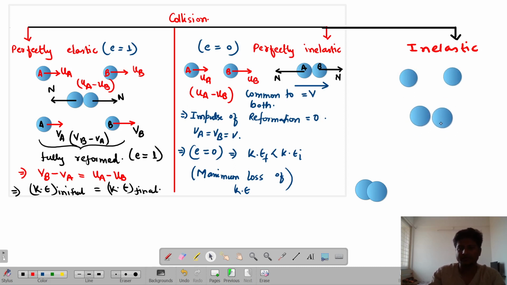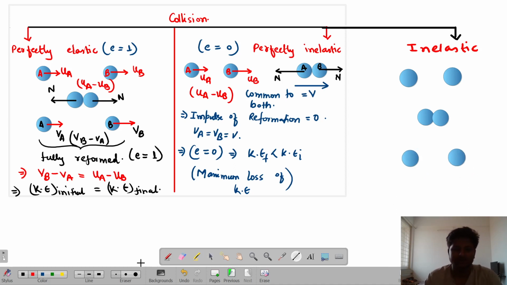They got collided. Deformation happened, isn't it? And after deformation, they start to get separated. Let us see that. So we know that this is A, this is B, then they have a common normal, and this is moving with some velocity.